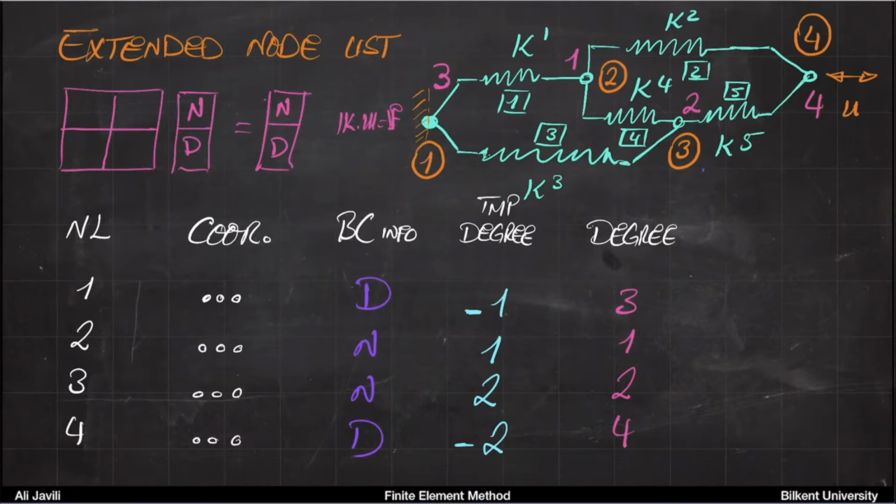Or rather, how much displacement or force. So let me just put that information here. So displacement maybe here and force here. Okay, so basically this is the complete picture of your extended node list.